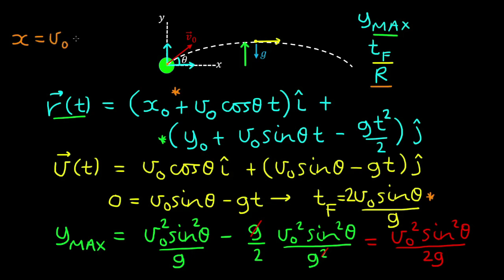So we have v naught cosine theta by the time of flight, which is 2 by v naught sine theta on the gravitational acceleration. And 2 cosine theta sine theta by the trig identity can be written as sine 2 theta. And this is the range of the projectile.